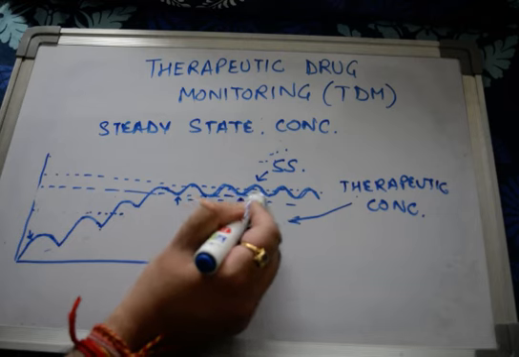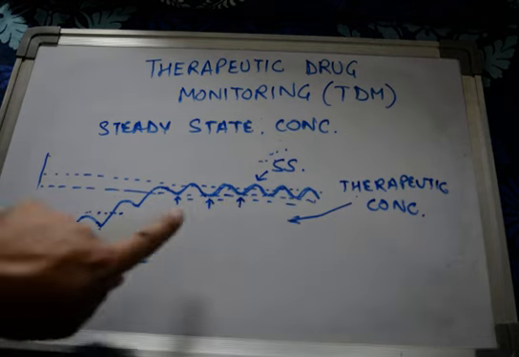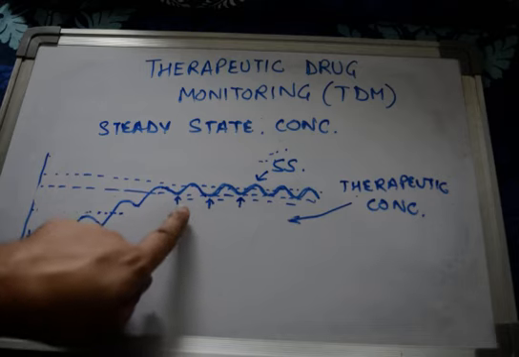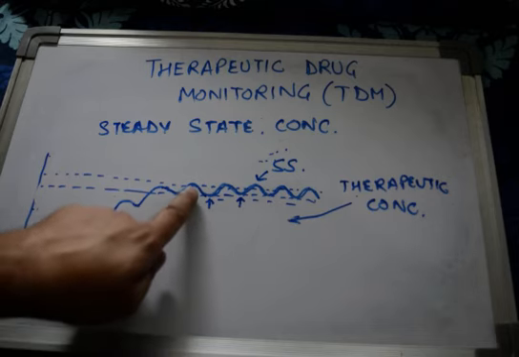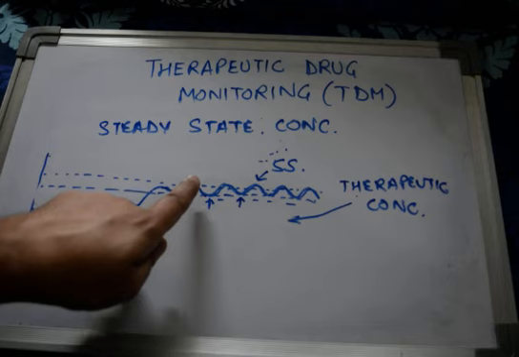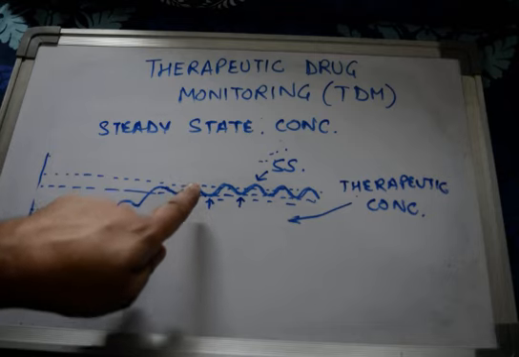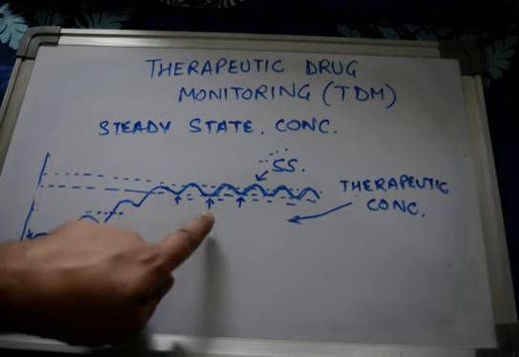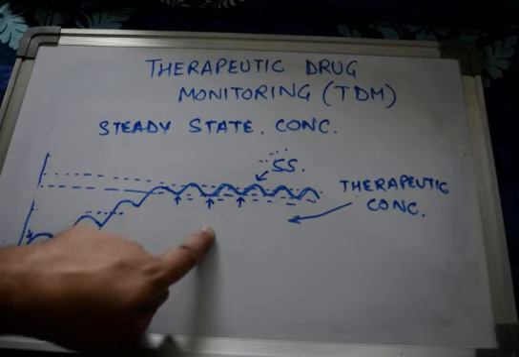So what you can see is that at this steady state, when we give the drug, it might go beyond the toxic concentration. Okay, and during this trough, it might go below the therapeutic concentration. Fine.